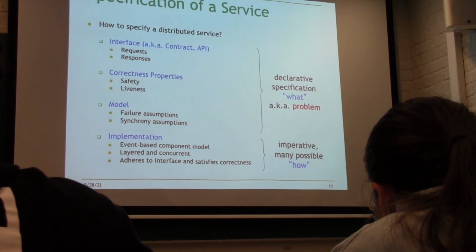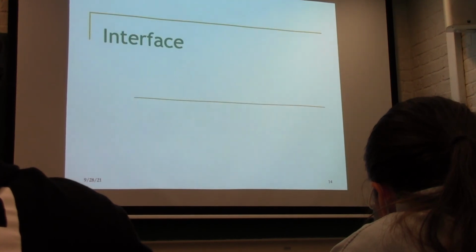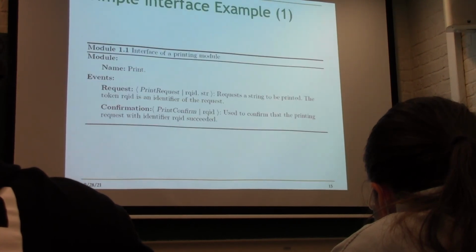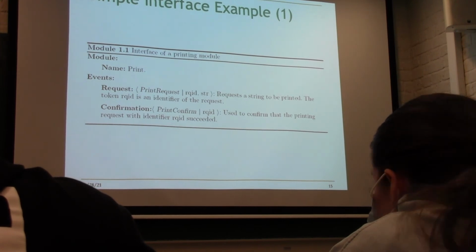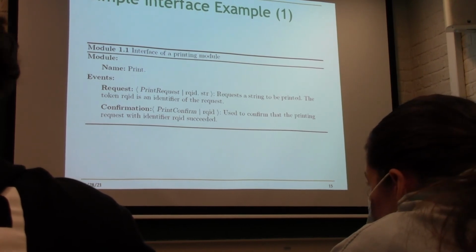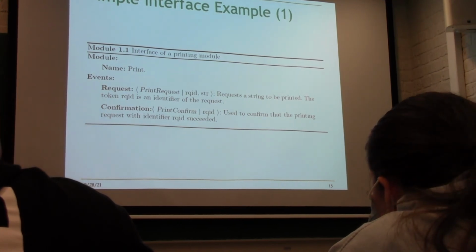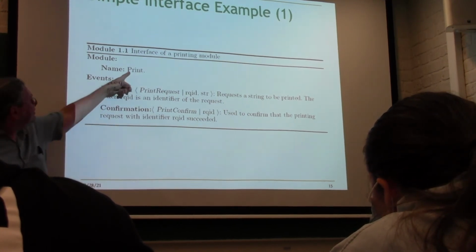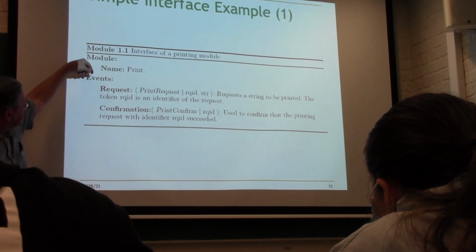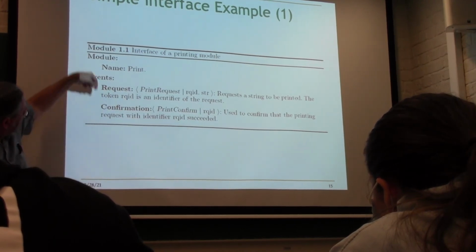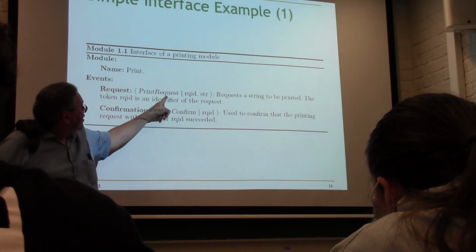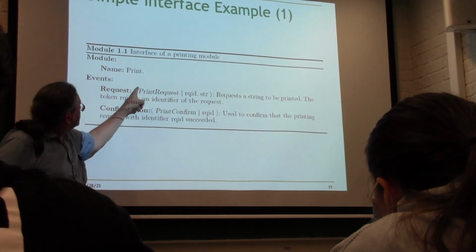So let me just give you a simple example. And we'll show some very simple things now, simple end to end. Here's a very simple module called print, and it has two events. Request going in, which is print request with data. This is kind of like a record.